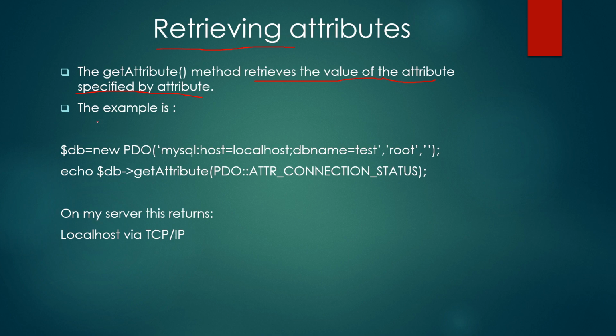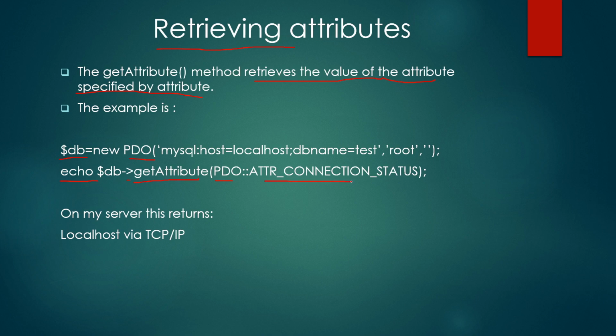I have given an example. $db is equal to new PDO, and basically here I'm just making the connection with my MySQL server. Now I'm saying echo, and I'm calling this method getAttribute on $db, and this is how we call methods in PHP using this notation. In the brackets I have written PDO double colon and the name of the attribute.